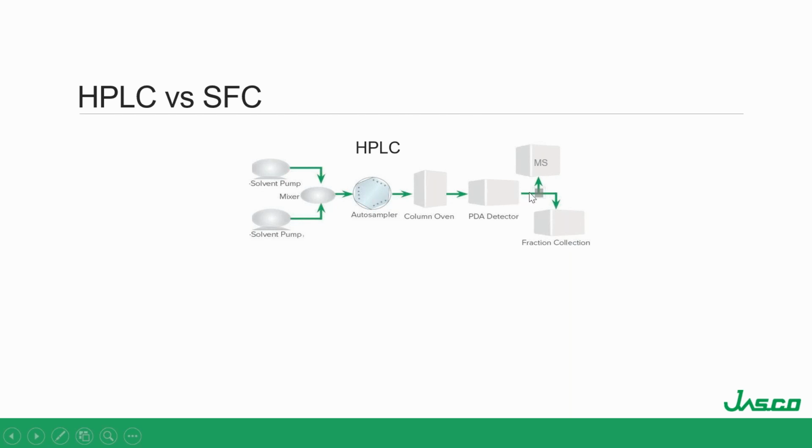And downstream of the detector, you can either go to waste, if you're doing preparative chromatography, go into the fraction collector, or some sort of destructive detector technique like mass spec. But it's important to note here that when you come out of the column in an HPLC, you are on the low pressure side of the system. So this detector does not see much pressure. In fact, most HPLC detectors flow cells are rated for anywhere from 600 to 1,000 PSI.